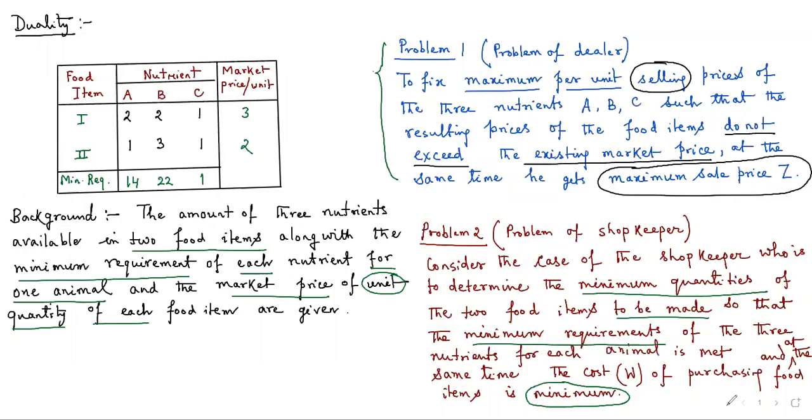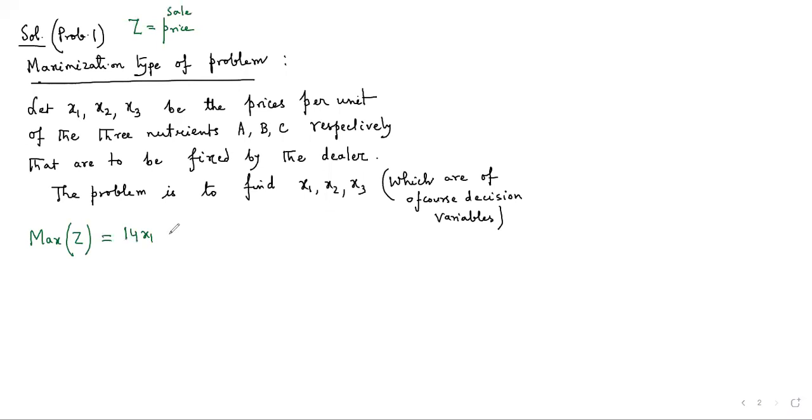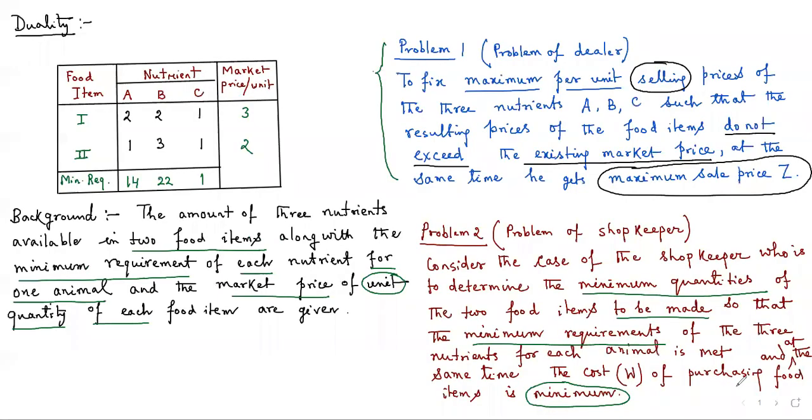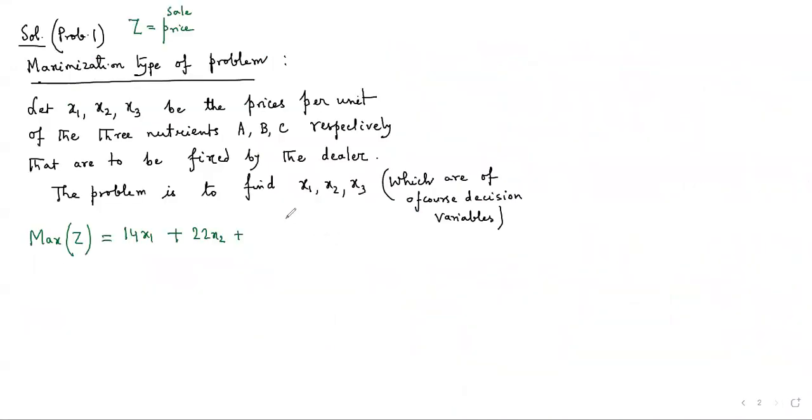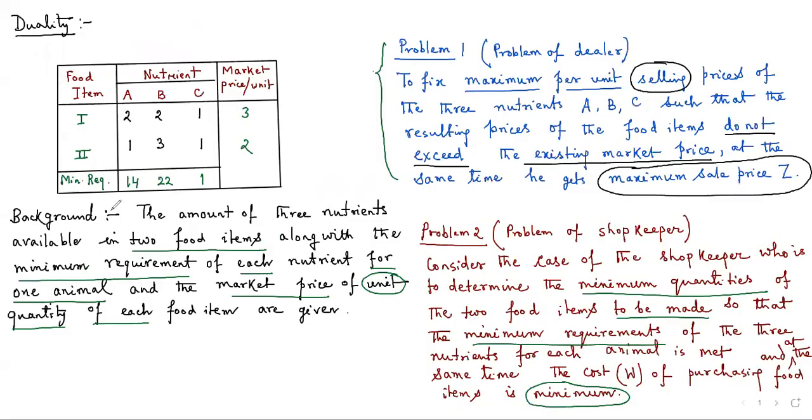14x1 plus 22x2 plus 1 into x3, that is x3, simply x3. Okay, this is the sale price, because the sale price of these items will depend upon the nutrients present in these food items.